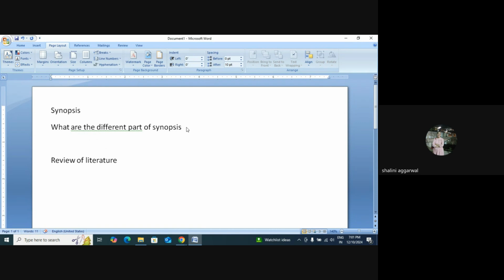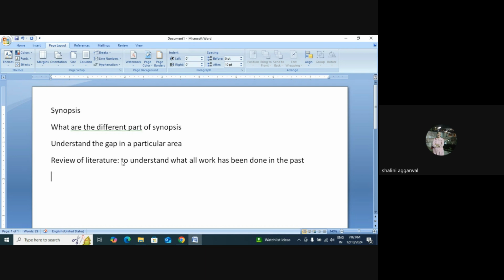The first step is to understand the gap in a particular area. Once we have understood the gap, we do the review of literature to understand what all work has been done in the past.